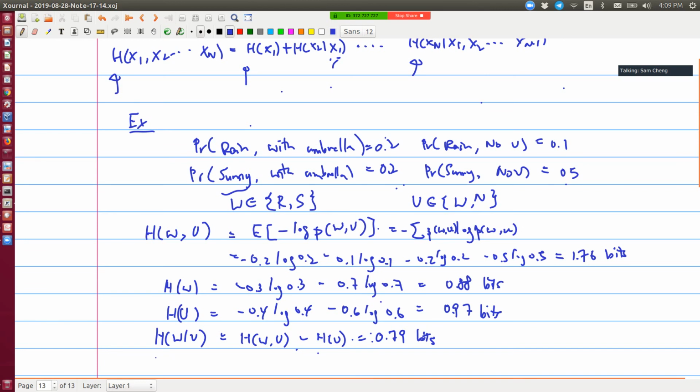And also H(U given W) is equal to H(W,U) minus H(W), so it's just 0.88 bits. Yeah, so this is a very simple example. Any questions? Super simple example.